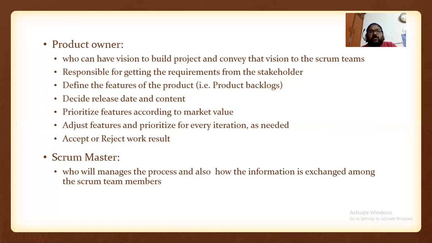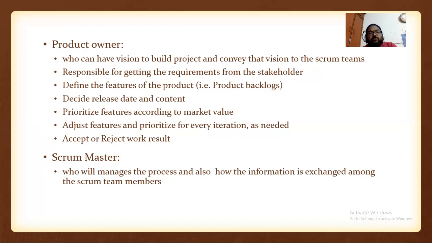We have the vision of what we need to develop and how we need to implement it, and that is shared with the Scrum teams. He is responsible for getting the requirements from the stakeholder, and he defines what features we need to develop in that product. That is what we call the product backlog. The features of the product that we have to implement are nothing but the product backlog.